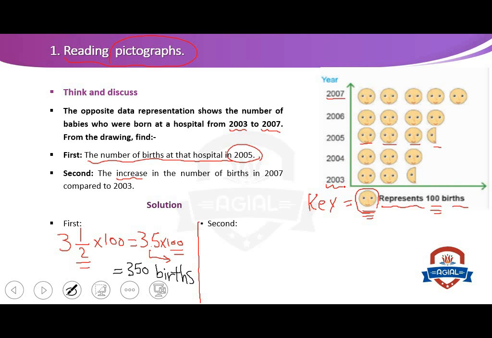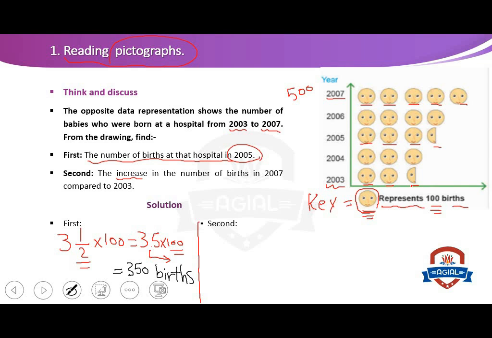So in 2003 we have 1, 2, 3, 4, 5. So we have 5 faces and each face represents 100 births. So we have 500 births. And in 2007 we have 1, 2 and a half. So we have 2.5 faces, or 2 and a half faces. We have to multiply it by 100.